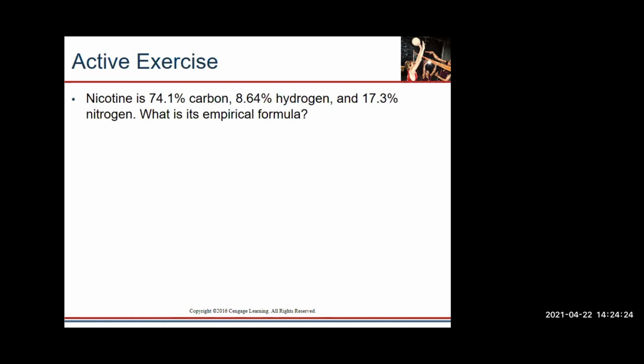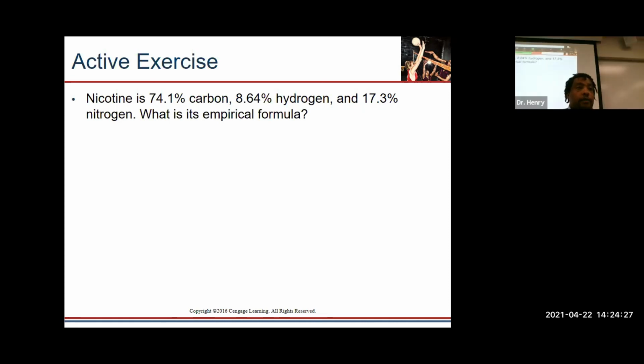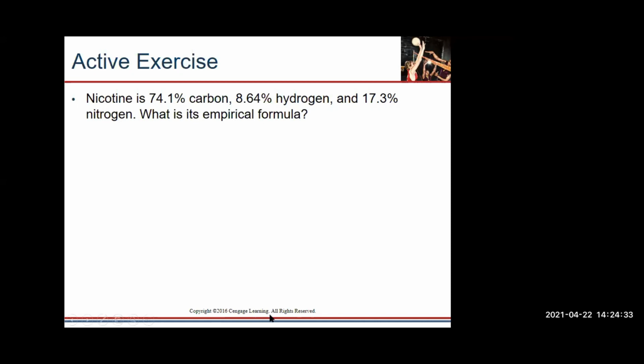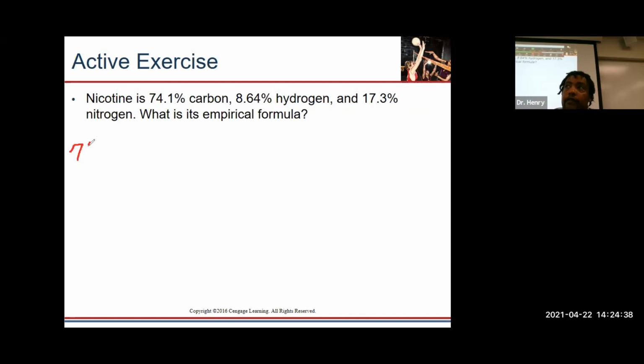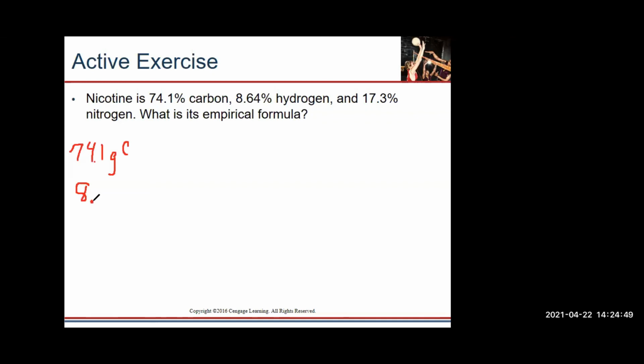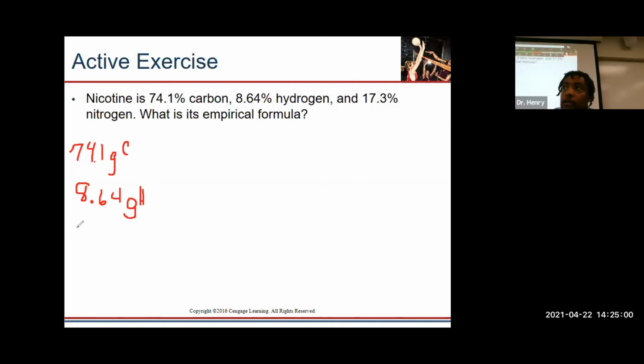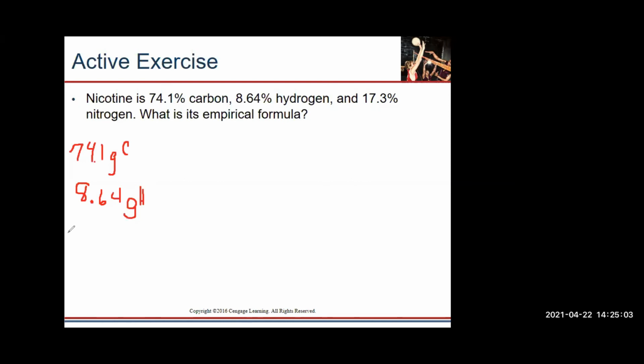Okay, so if I assumed that I had 100 grams, how many grams of it would be carbon? 74.1. So I have 74.1 grams of carbon. How much hydrogen? 8.64. And how much nitrogen? 17.3.